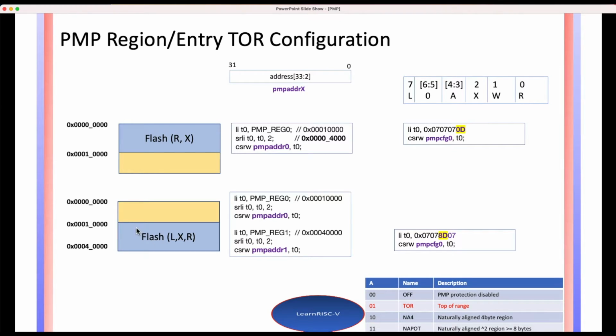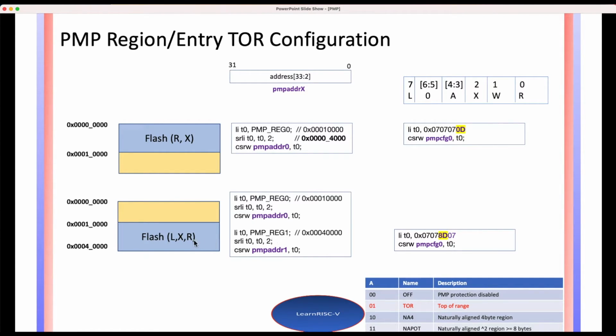However, if a region other than the first region, let's say the second region, is configured as TOR, then the address matching would be applied from the lower address, which is the address in the previous region, up to the address mentioned in this region.